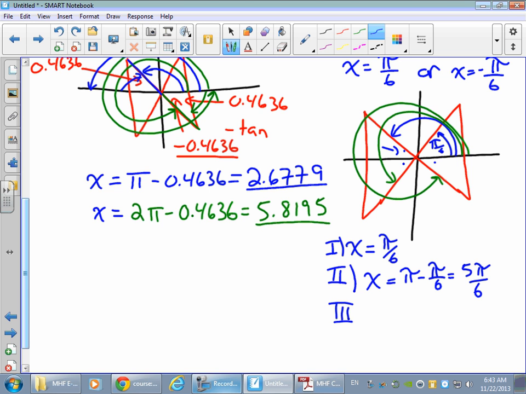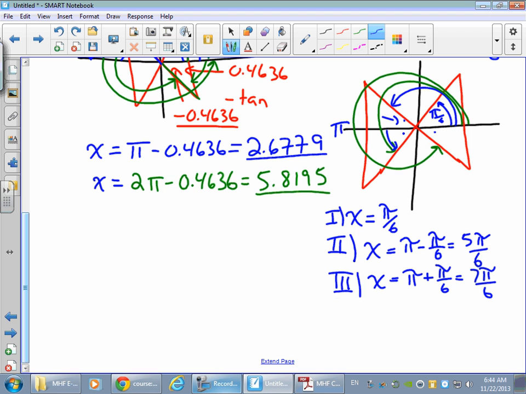In quadrant 3, I'm going to get the second negative answer, which is pi plus another pi over 6, which is, of course, 7 pi over 6. And then one more all the way around to there. It's not quite all the way to the 2 pi. So it's 2 pi minus the pi over 6. 2 pi is 12 pi over 6. And so essentially, I've covered 11 of those pi over 6.